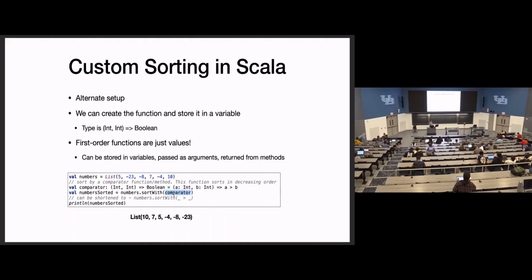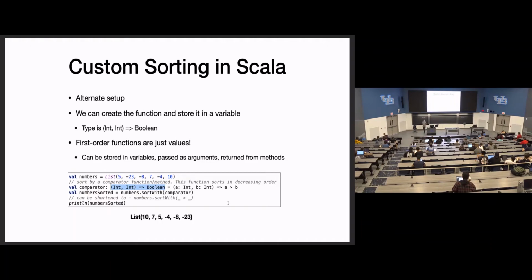So the important thing here is that when we create a value or a variable of a type of a function, the type of that variable or value isn't just type function, it's a type that specifies the inputs and the output types. So I have a value here named comparator, of type function of int and int to Boolean.